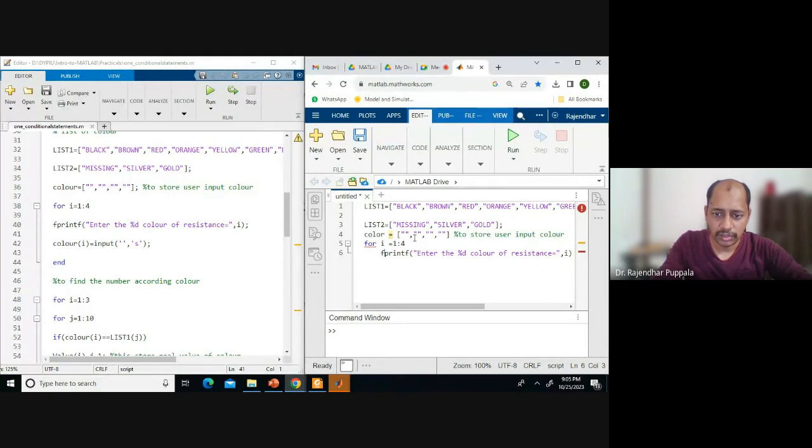And then color of i is equal to input, s, and then end. I will show you the syntaxes for this.